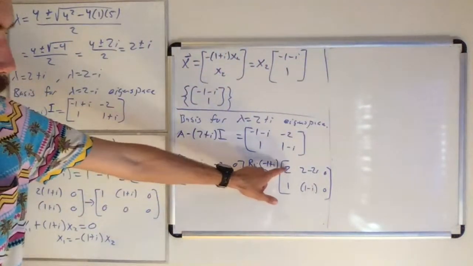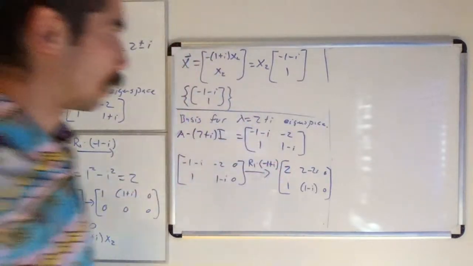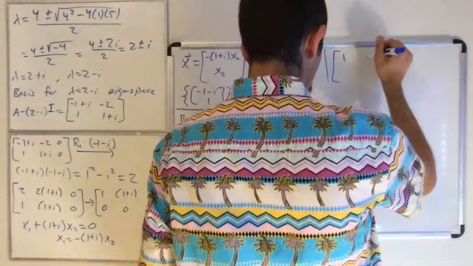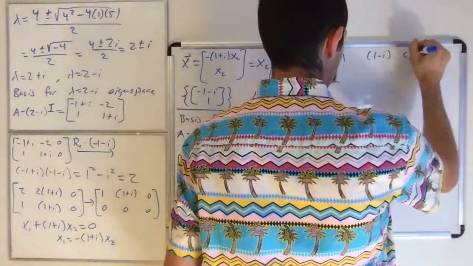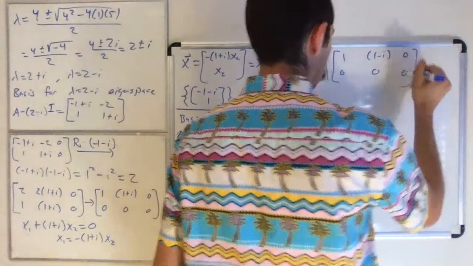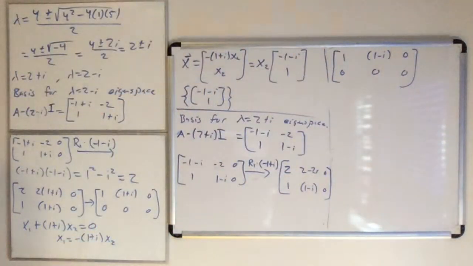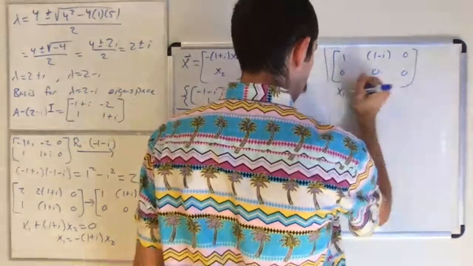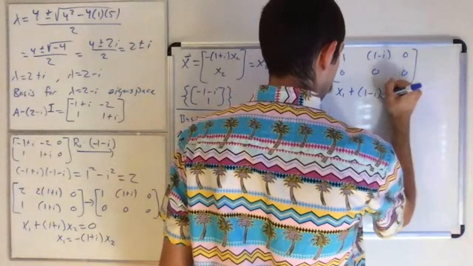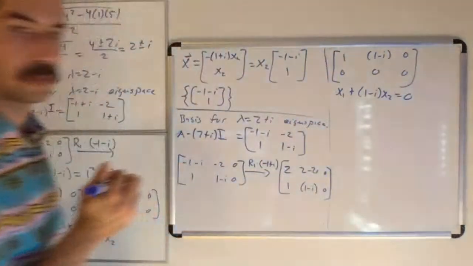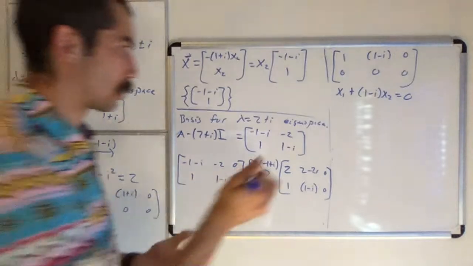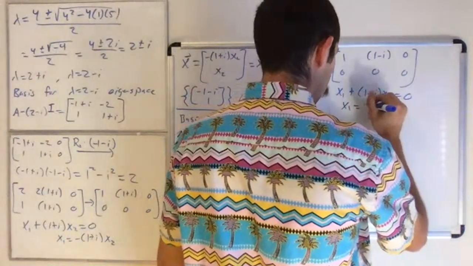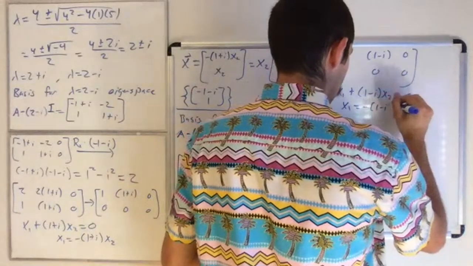Okay, and again, you can see row 1 is twice row 2, so we could get rid of it. And then this says that x1 plus 1 minus i times x2 equals 0. And so x1 equals -1 minus i times x2.